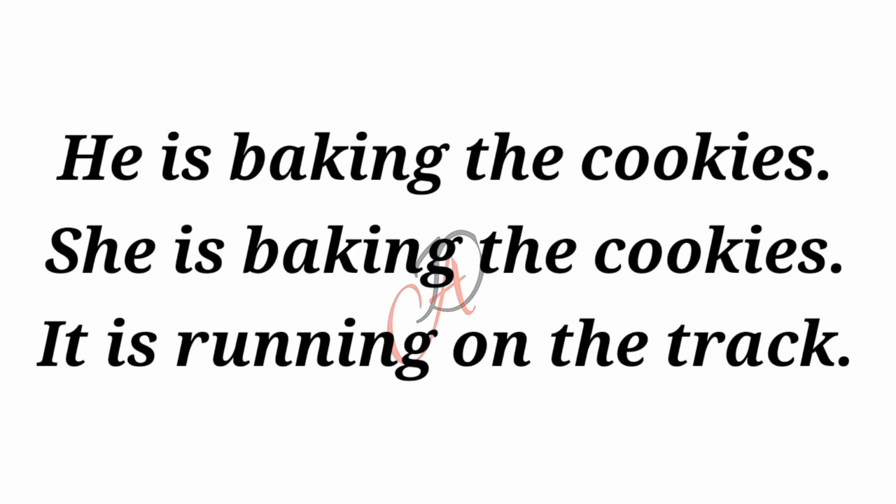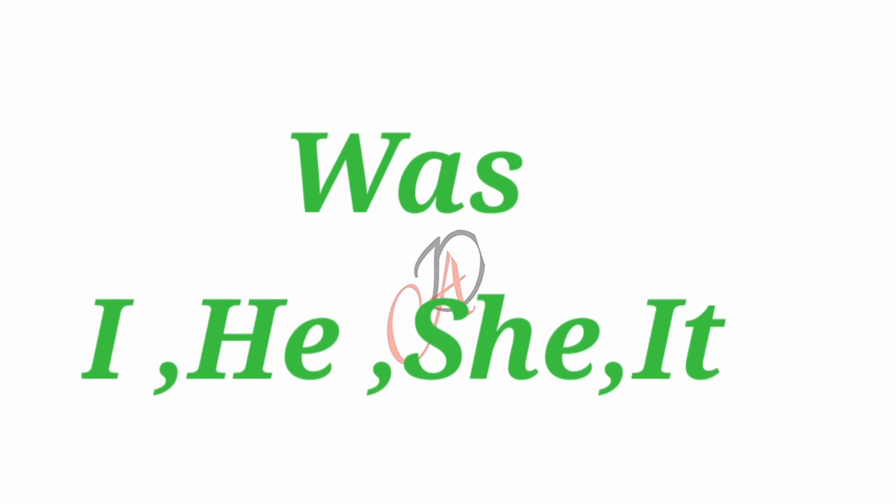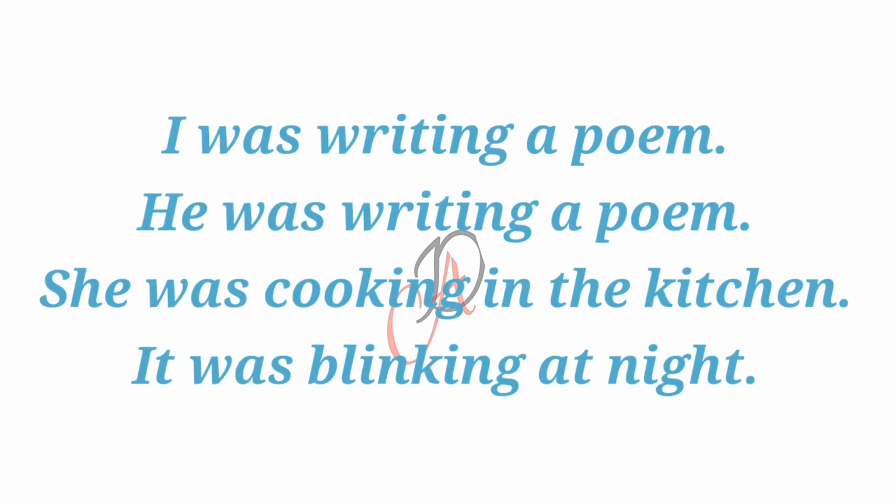And when it comes to the helping verbs was and were, we use both of them in the past tense. And was is always used with I, he, she, it, whereas were is used with we, you, and they. So let's understand this with the examples. I was writing a poem. He was writing a poem.